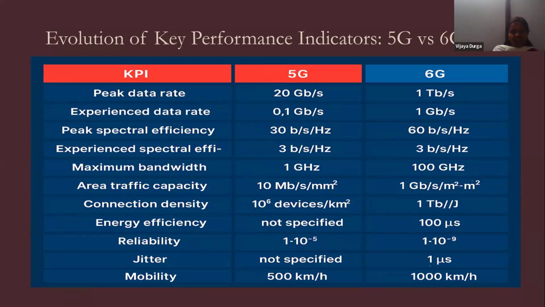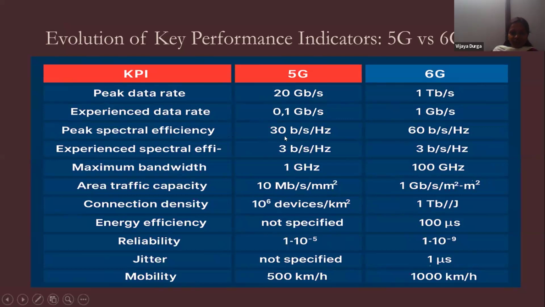So 5G is expected to offer 20 gigabits per second, but generally it offers 10 gigabits per second. And coming to 6G, the expected is 1 terabit per second. Maybe you can get around 50 gigabits per second after implementing. The experienced data rate is 0.1 gigabits per second and 1 gigabit per second.